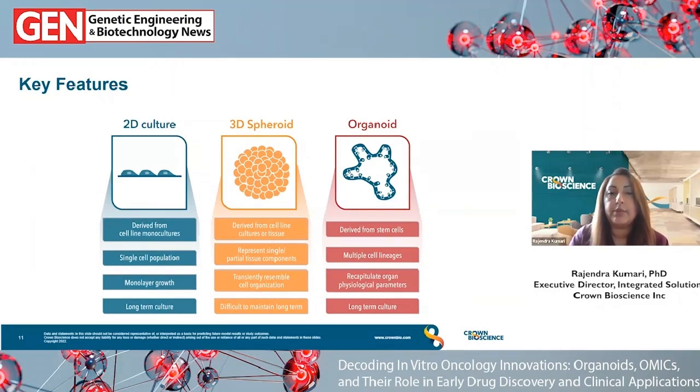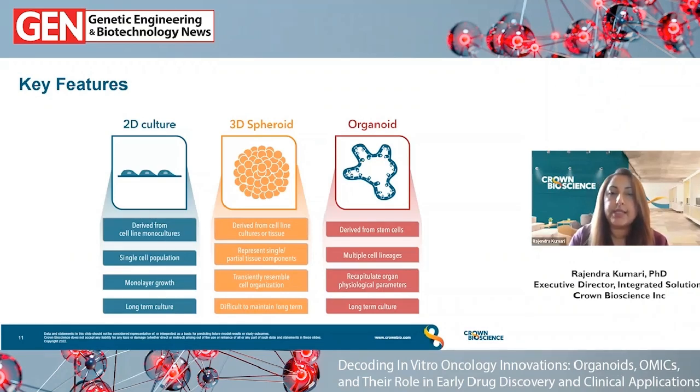And therefore, they potentially can predict better drug responses when compared to the same cells grown in 2D. However, unlike 2D cells, they cannot be maintained in long-term culture, and in some cases can undergo senescence, especially when fresh tissue is being used. Now, spheroids are very different to organoids, and sometimes the two terms are incorrectly used or interchangeably used.